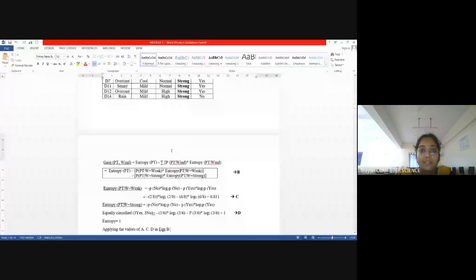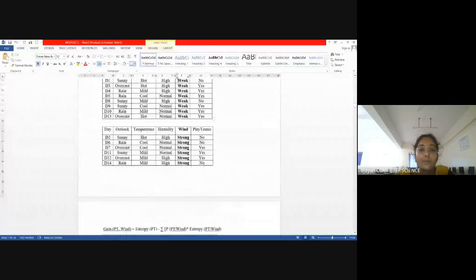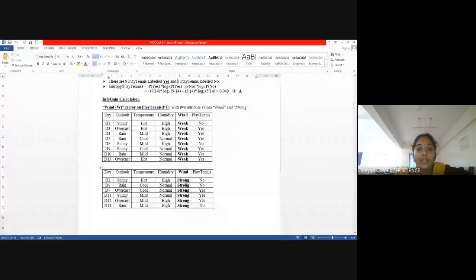Before going to that, I just wanted to tell you, instead of calculating entropy every time, if you have equally classified data, see here in weak, I think 1, 2 are no, remaining all yes, not equally classified. 1, 2, 3, 4, 5, 6, 7, 8. Out of your 8 samples, not 4 yes, 4 no. Not all completely yes or completely no. So this I need to calculate entropy.